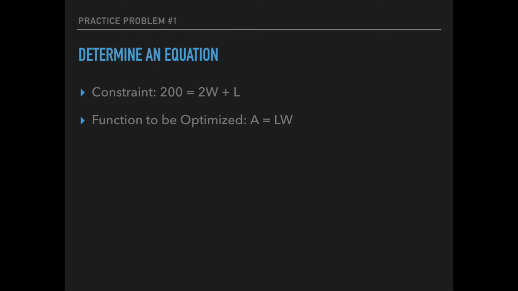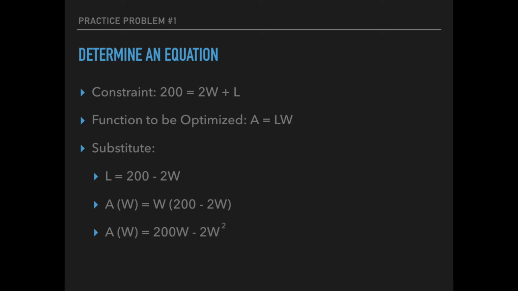Since we want to maximize area, we're going to find a way to substitute our other equation, the constraint, into the area formula. Actually, it's pretty easy. A bit of basic algebra shows that length equals 200 yards minus 2 times the width. If we stick this into the area formula, we get that the area equals 200 yards minus 2 times the width, all times width again. That leaves you with this very nice looking equation right here.